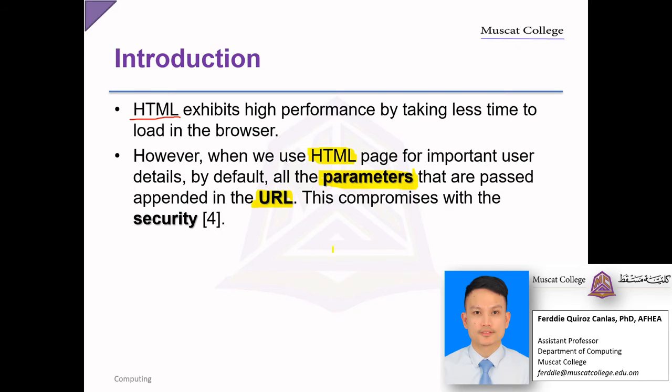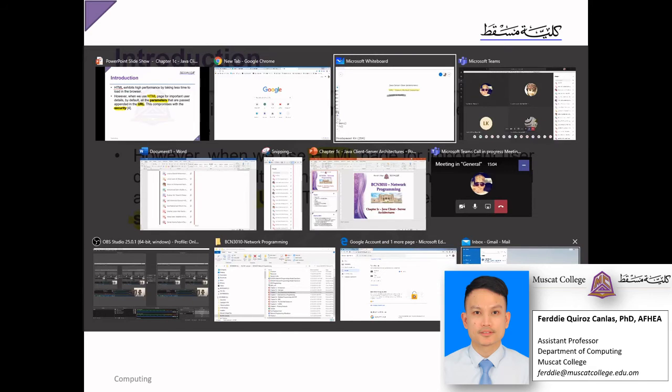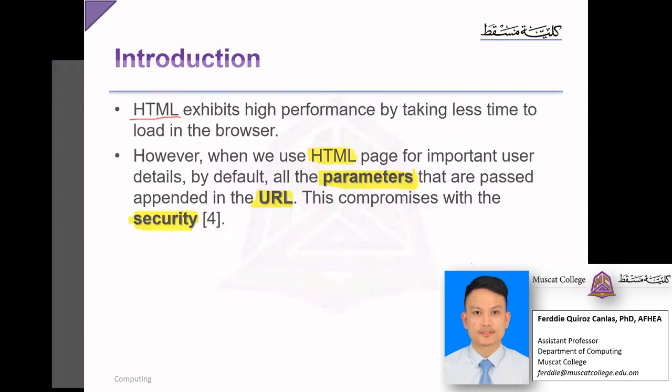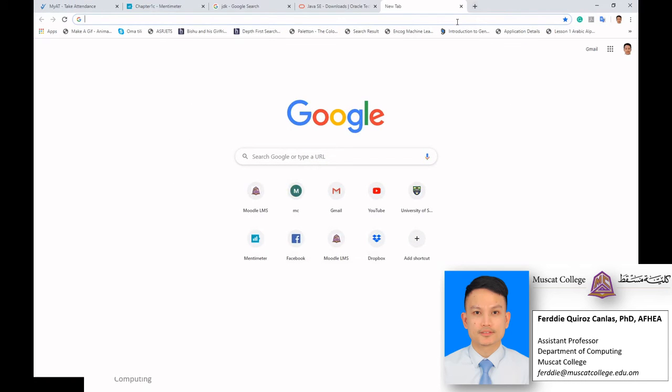We append them to the URL. So it is said that this poses a security risk, okay, because we can see the data in the URL. That's why you will see something like that sometimes on some web pages. Don't you worry, you will see it when we go into PHP programming.